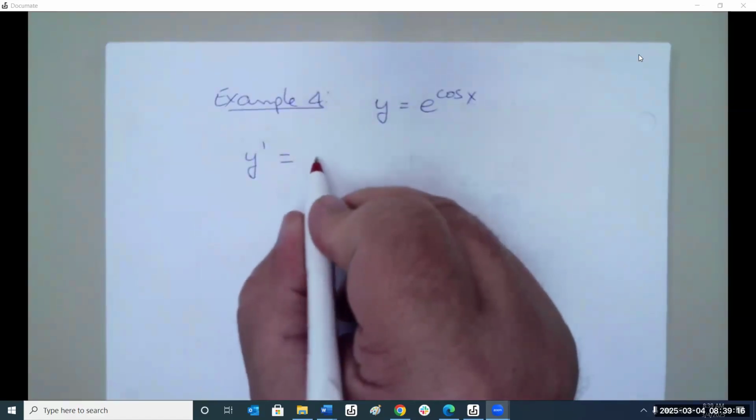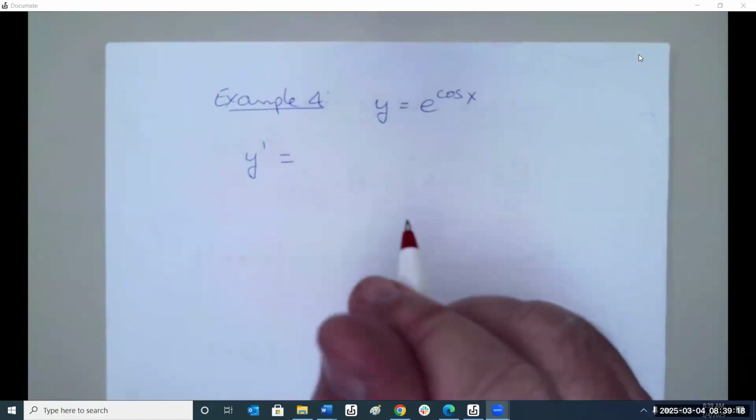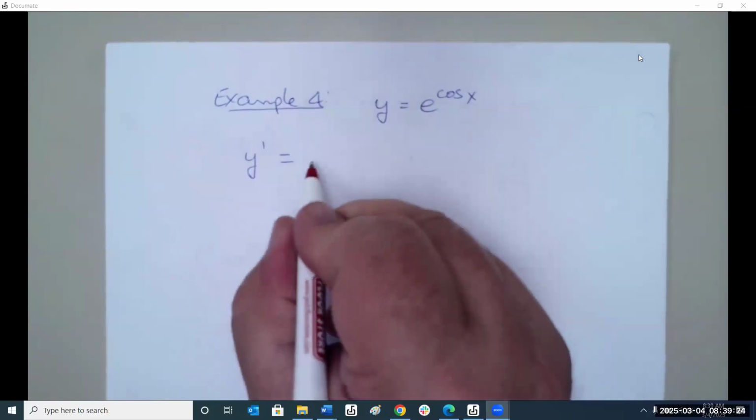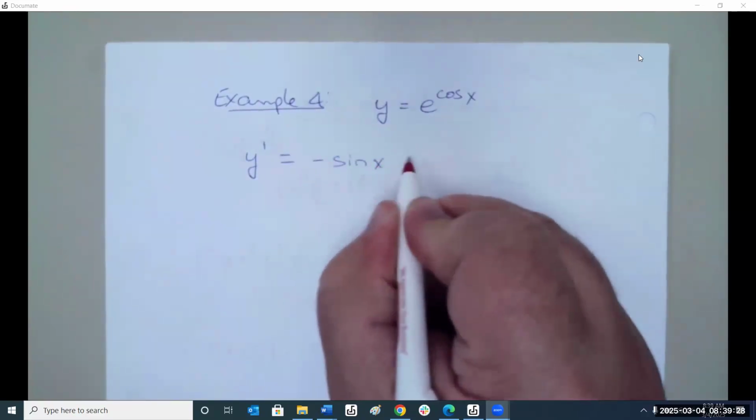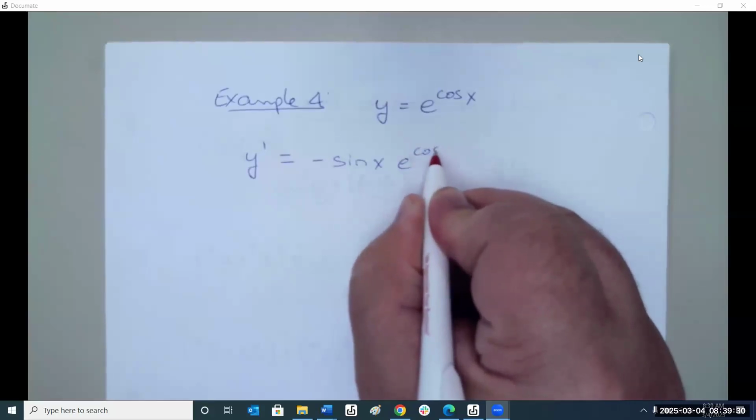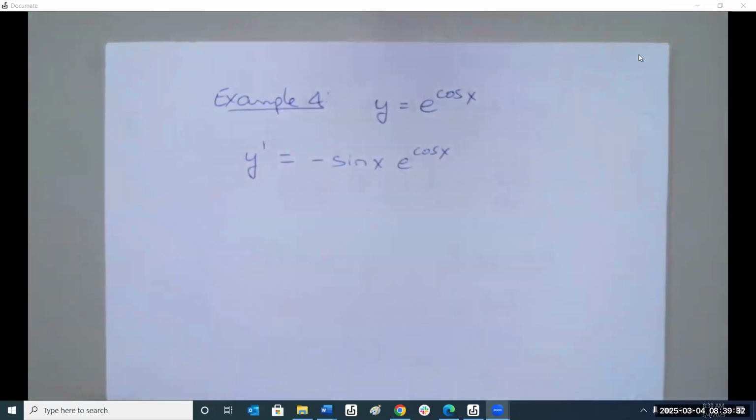Okay, now another one. Negative sine x times e to the cosine x. Very good. It wasn't sine x, it's negative sine.